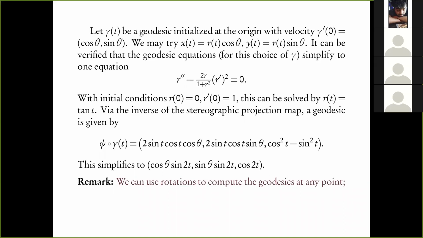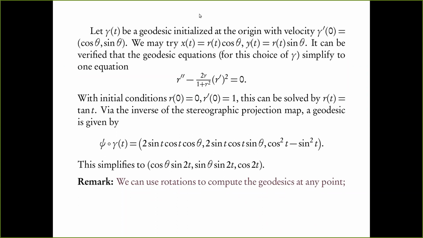So there's a remark that I want to make. We can use rotations to compute the geodesics at any point, because we have talked about isometries in class, and remember rotations were isometries. Isometries also preserve geodesics, which we talked about last time. It's still an exercise.